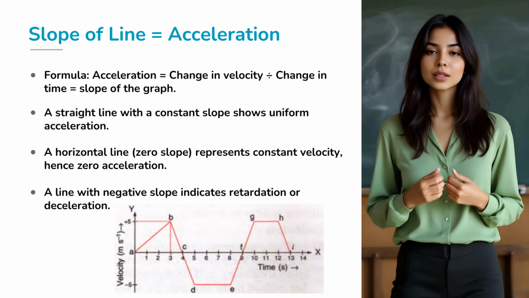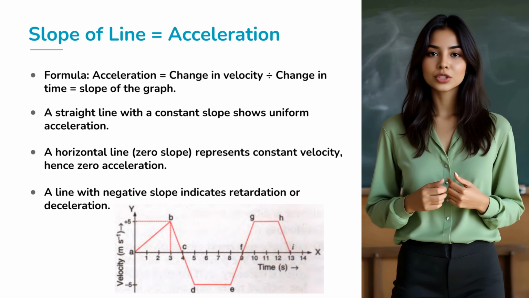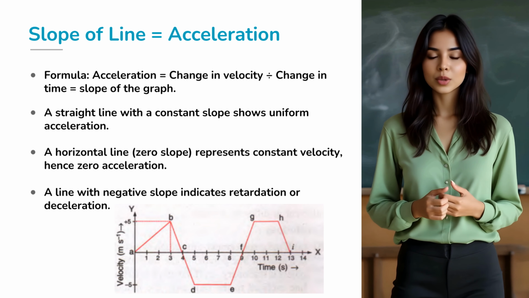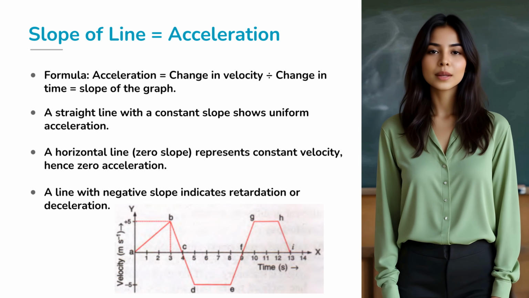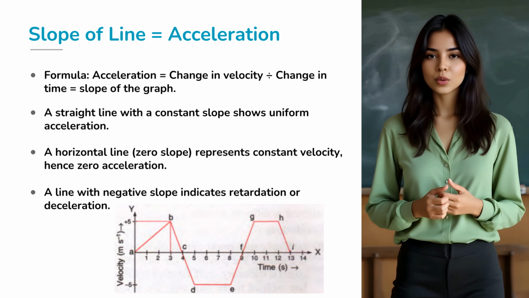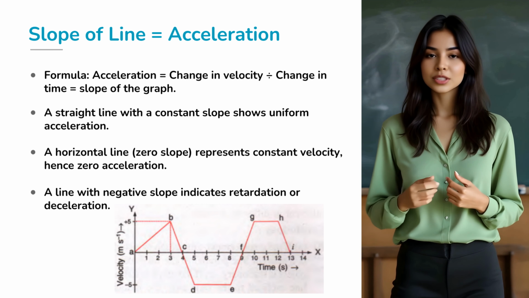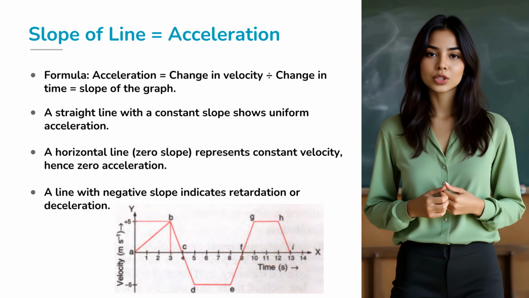If it's a horizontal line, that's a zero slope, the velocity remains constant. So, acceleration is zero. And if the line slopes downward, we call that negative slope. The object is slowing down. That's what we call retardation or deceleration. Refer to figure 2.12. You'll see how different slopes tell us different acceleration stories in motion.